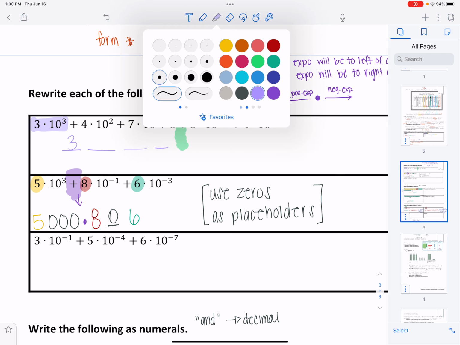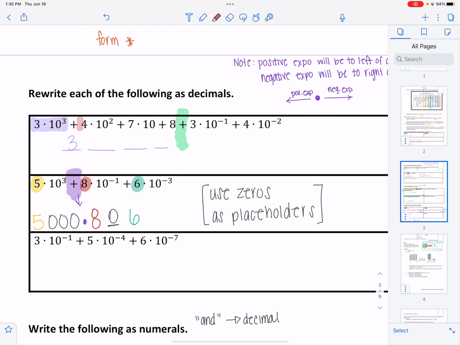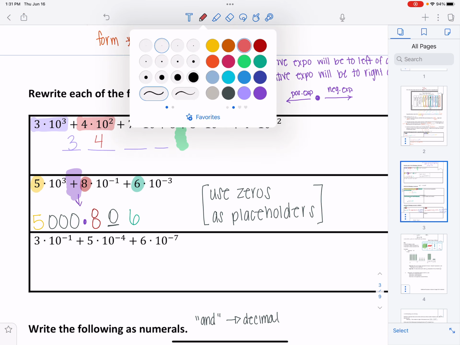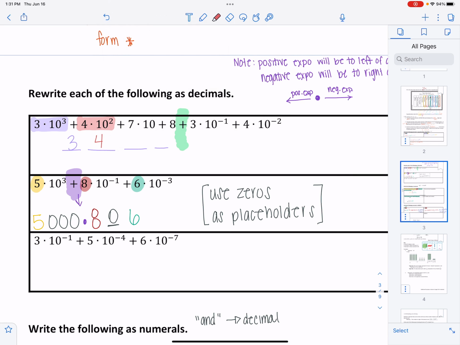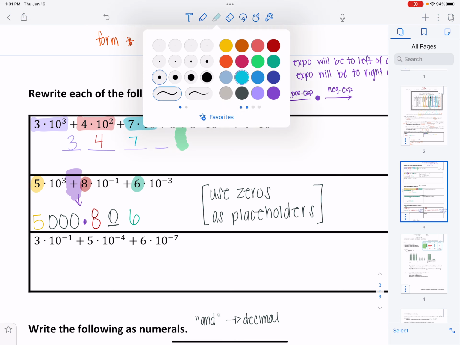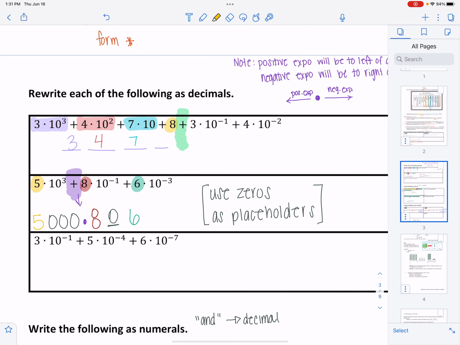The next one, 4 times 10 to the second, is going to be my hundreds place. 7 times 10, change colors here, is going to be my tens place. And then that 8 is going to be in my ones place. Okay, so there's the numbers to the left of my decimal.